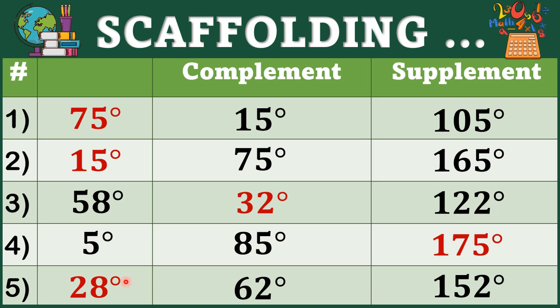So, for you to be able to check easily if you filled in the given table correctly and precisely, you simply add the angle measure in the second column with the angle measure in the third column, and you should have a sum of 90.